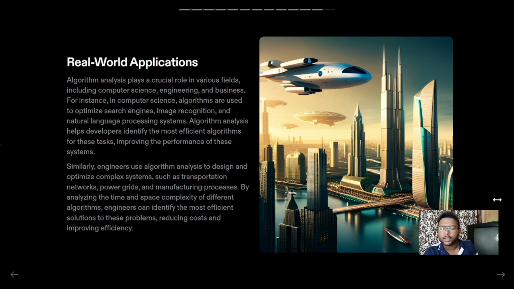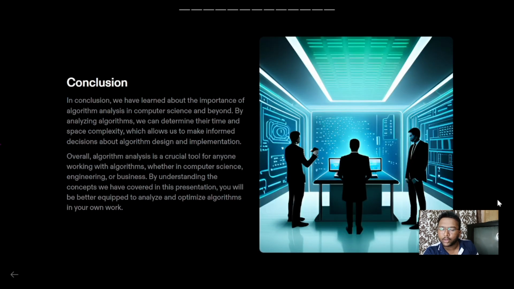Similarly, engineers use algorithm analysis to optimize complex systems such as transportation networks, power grids, and manufacturing processes by analyzing the time and space complexities of different algorithms. Engineers can identify the most optimal solutions to these problems, reducing costs and improving efficiency.